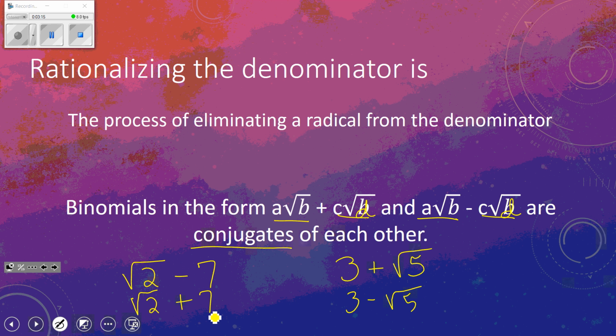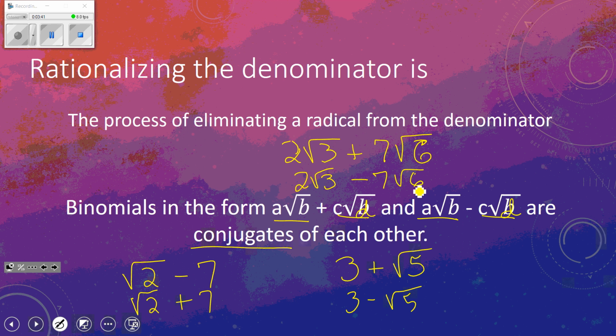Okay. If I had 2 times the square root of 3 plus 7 times the square root of 6, what would the conjugate be? Two times square root of 3 minus 7 times square root of 6.